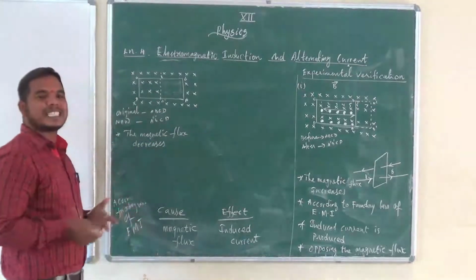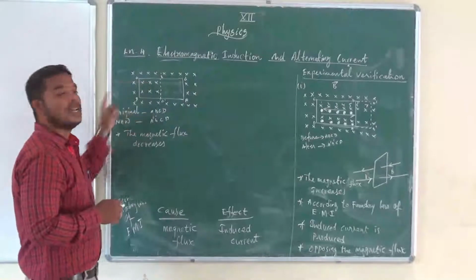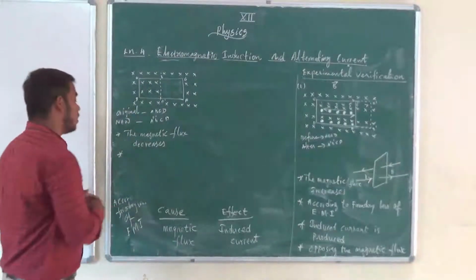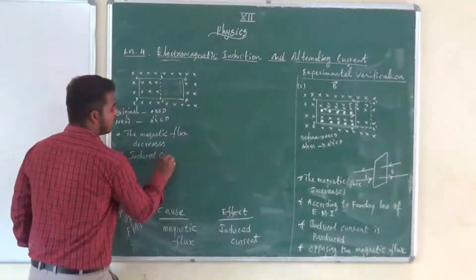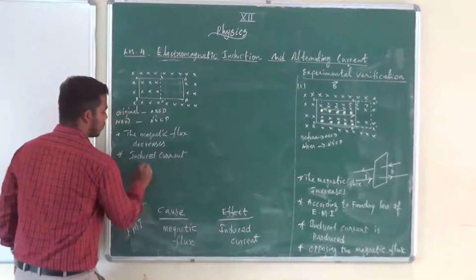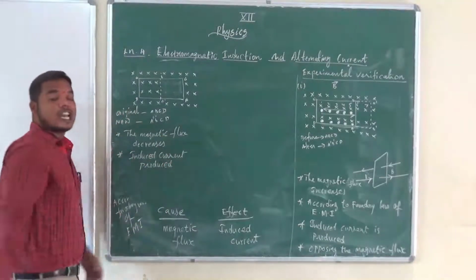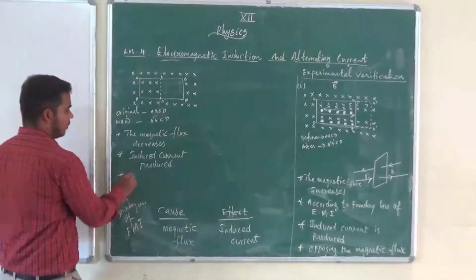So due to the increase or decrease, according to Faraday's law of electromagnetic induction, an EMF is produced, and the induced current is produced, isn't it? The induced current is produced according to Lenz's law.